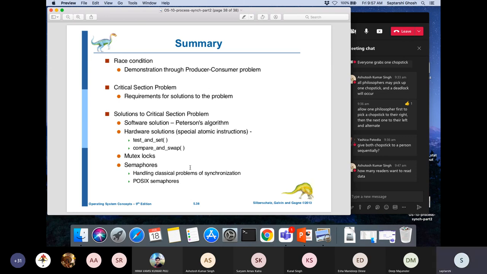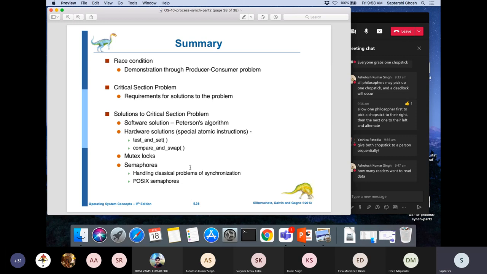In the test, you can expect short answer questions, numericals based on what we discussed, then maybe multiple choice questions. We won't give questions like describe Peterson's algorithm. Those kinds of questions, where you have to memorize a lot and just write, won't be given.